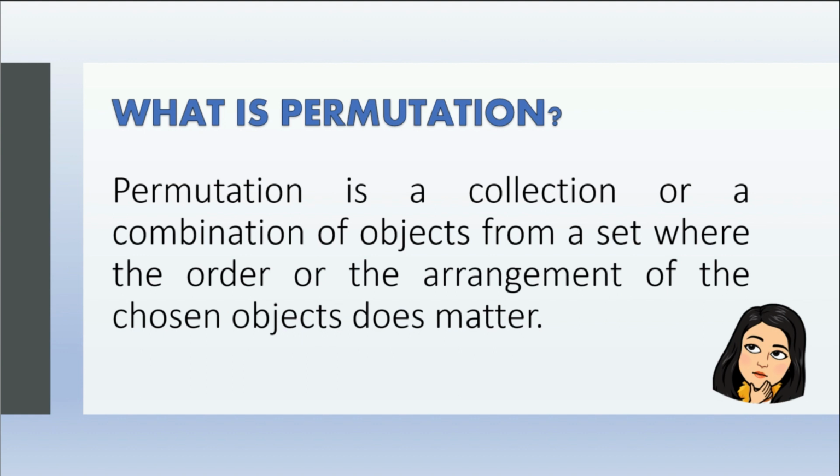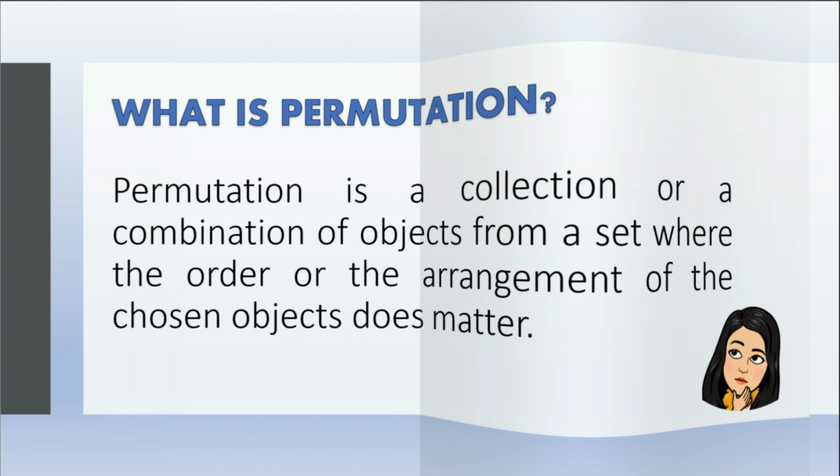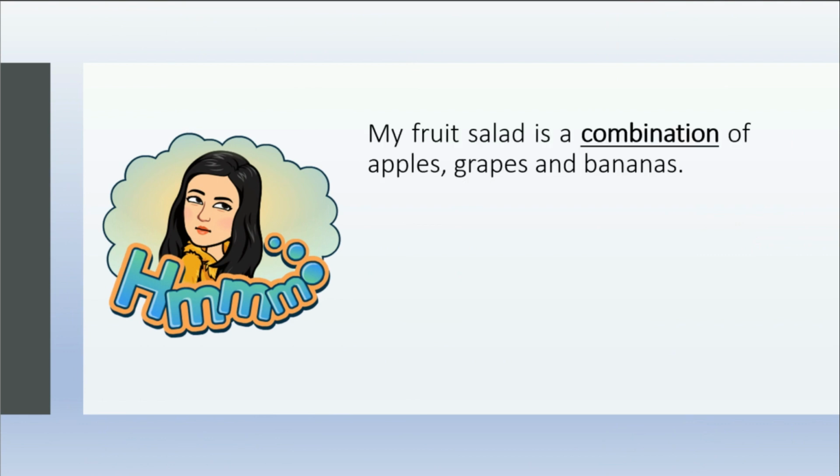But why an ordered combination? Well, in English, we use the word combination loosely, without thinking if the order of things is important. For example, my fruit salad is a combination of apples, grapes, and bananas.